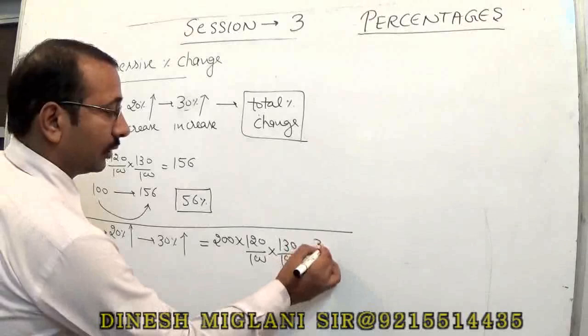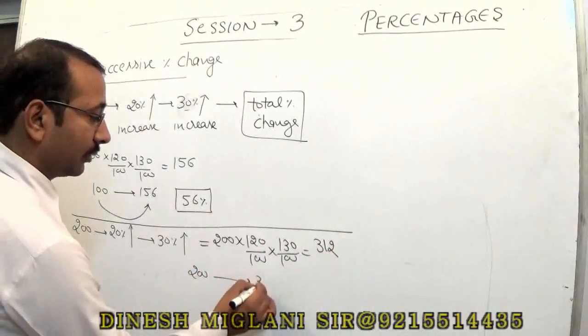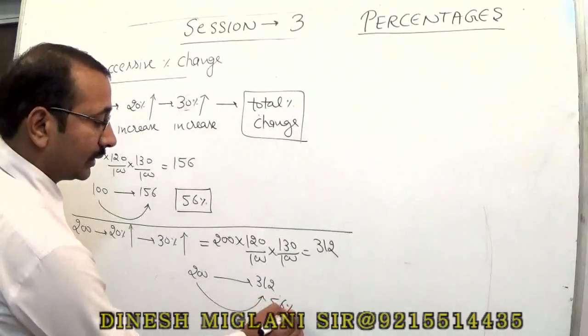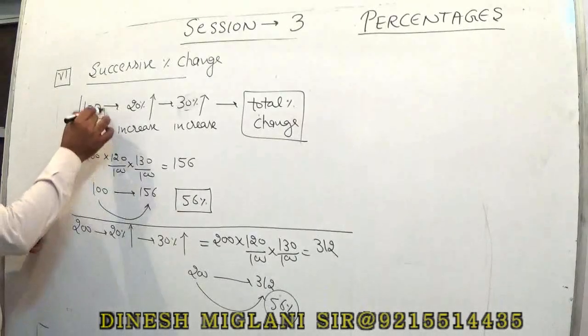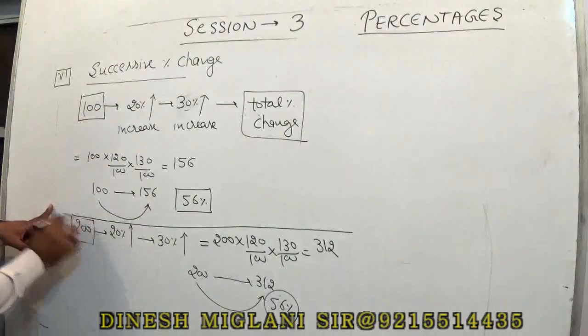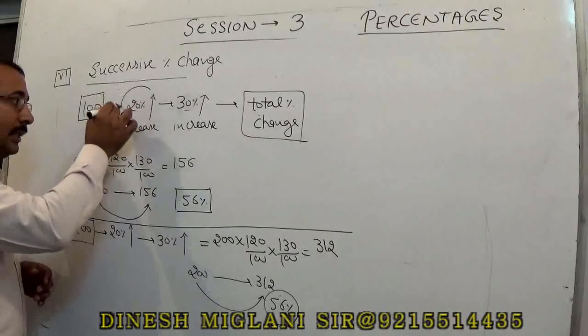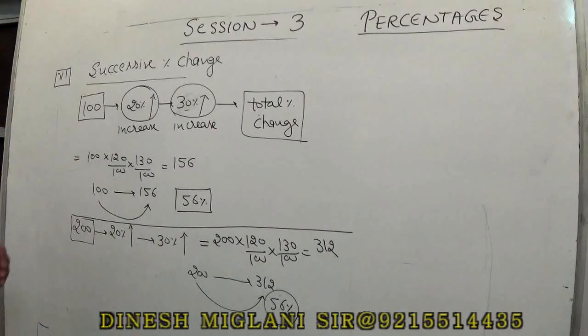This becomes equal to 312. From 200 it becomes equal to 312 and the percentage change is equal to 56%. That simply states to us that value does not matter, either it is 100 or 200 or it may be X or Y. If the percentage increase or decrease is given to you same, the overall percentage change would be same.